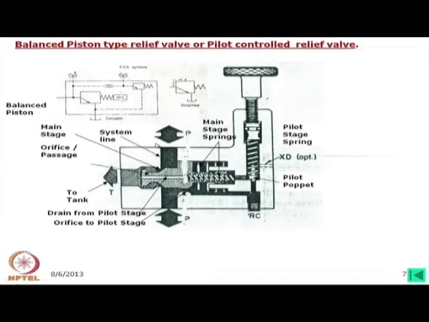Now, how is it being operated? The oil is going through this, it might be from this side or from the other side, that doesn't matter. When this oil goes through this orifice, it will come inside. Now, this one we may call a direct relief valve, but in fact this direct relief valve is called the pilot stage.